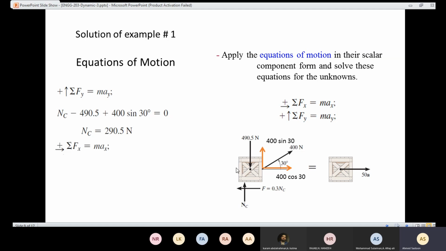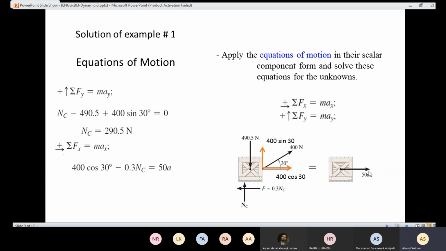Then I'm going to use this equation here. The summation of the forces in x should equal the mass times the acceleration in x. In x, I have only the frictional force, 0.3 NC. Now I know the value of NC, so I'm going to substitute it here. I have also the 400 cosine 30. This one is positive, this one is negative.